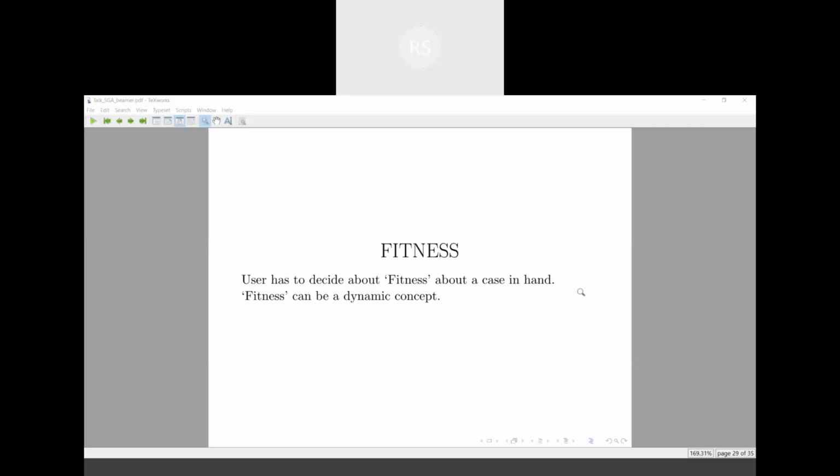So the fitness concept is a dynamic concept, and the success of your genetic algorithm depends on your ability. Now, mark my words, your ability to evaluate the candidate.